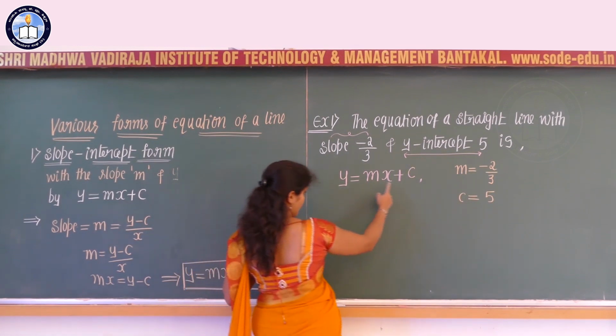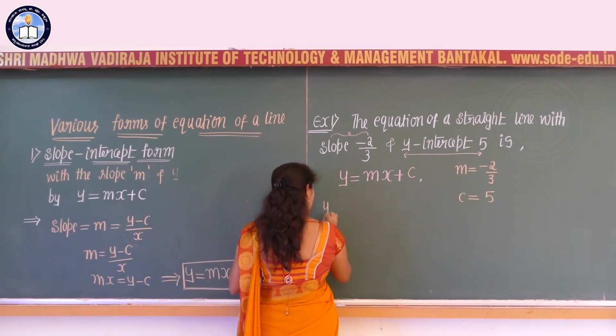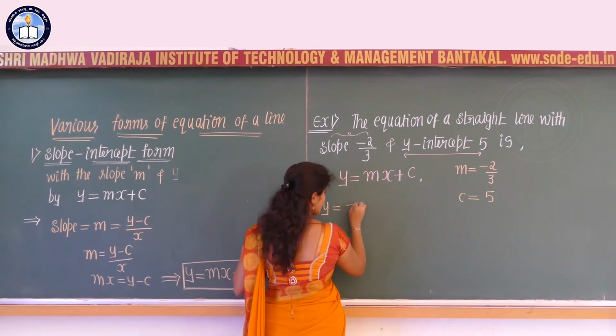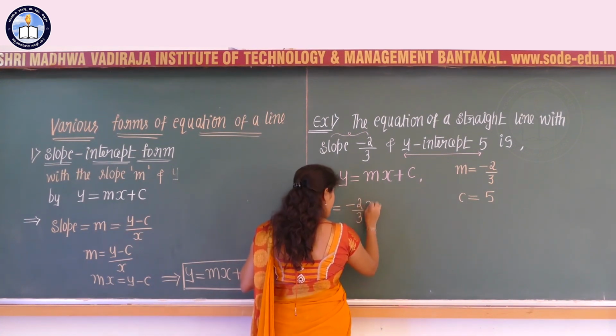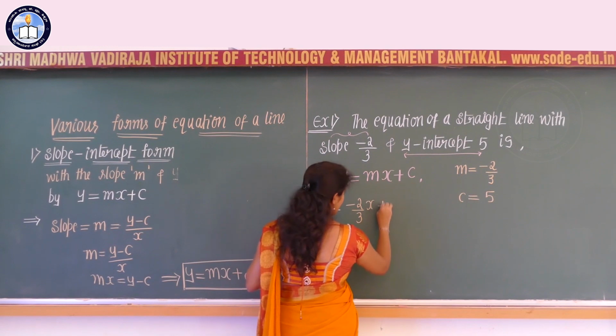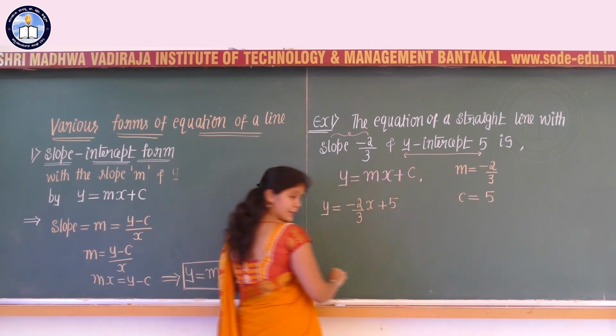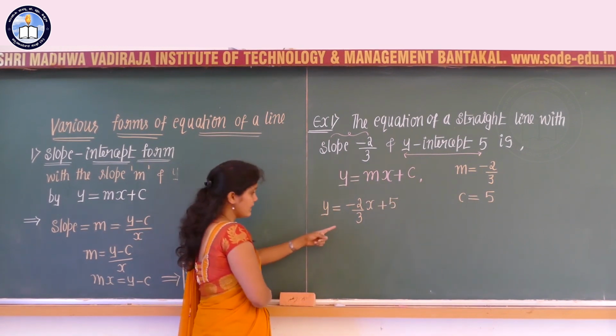Substitute in the required formula and try to get the answer. y is equal to m into x plus c, where the m value is minus 2 by 3, and the value of c is equal to 5.